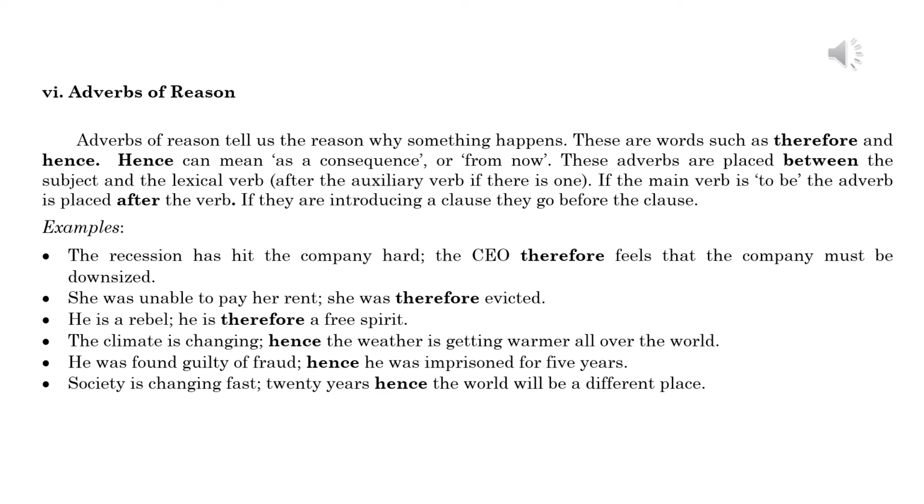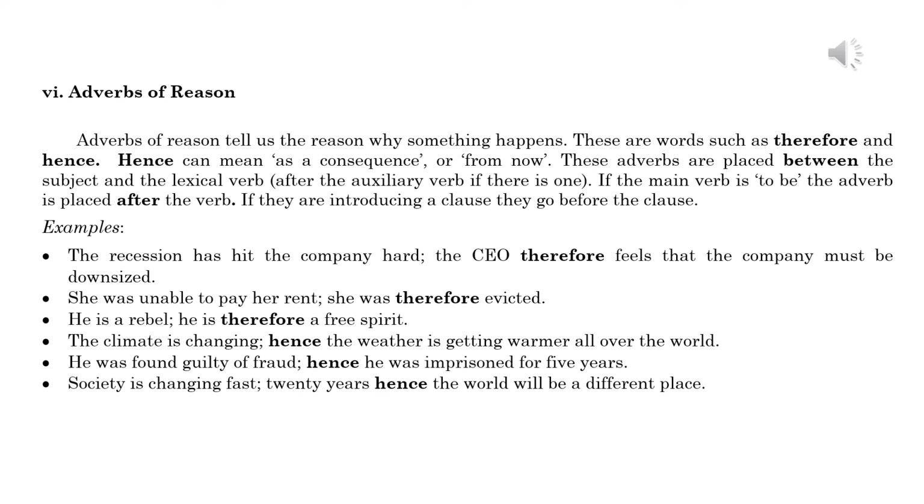Examples. The recession has hit the company hard. The CEO therefore feels that the company must be downsized. She was unable to pay her rent. She was therefore evicted. He is a rebel. He is therefore a free spirit.